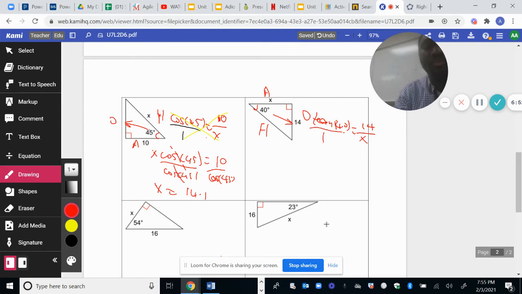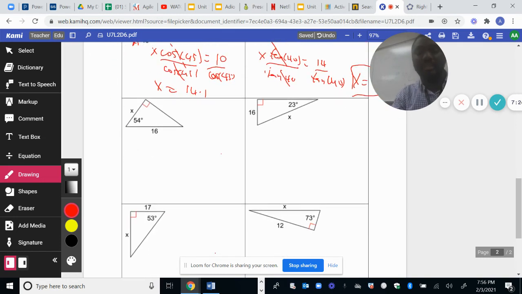Then you put over 1 and cross multiply. Once you cross multiply, you're going to have x times tan 40 equals 14 times 1. You divide both sides by tan 40. So this cancels this. At the end of the day, x will be 14 over tan 40, which gives us 16.7 on your calculator.